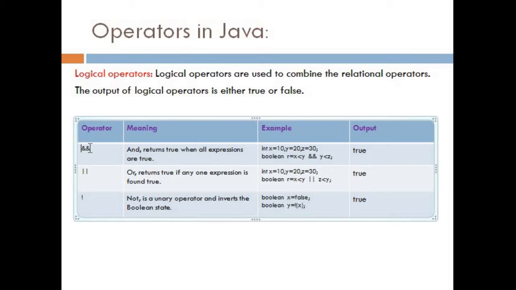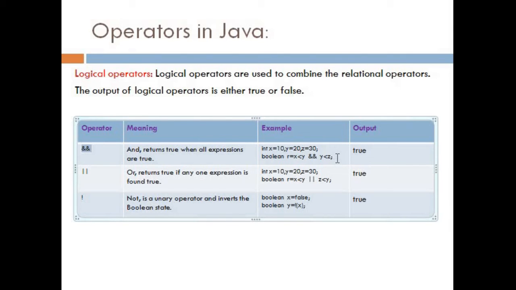The first one, denoted by 2 ampersand symbols, is the AND operator. Now this AND operator shall return true when all the expressions are true. Now take the case of this example. Here there are two Java statements. The first Java statement assigns the value 10 to the variable x, 20 to the variable y, and 30 to the variable z.